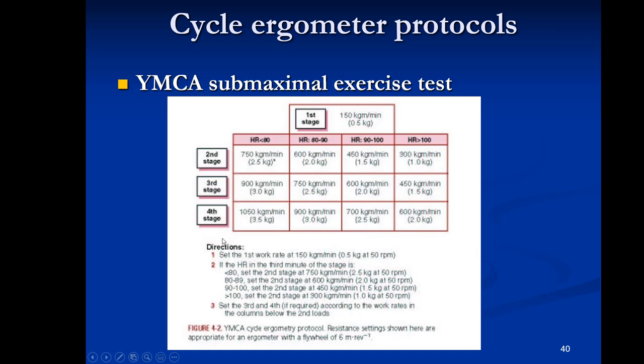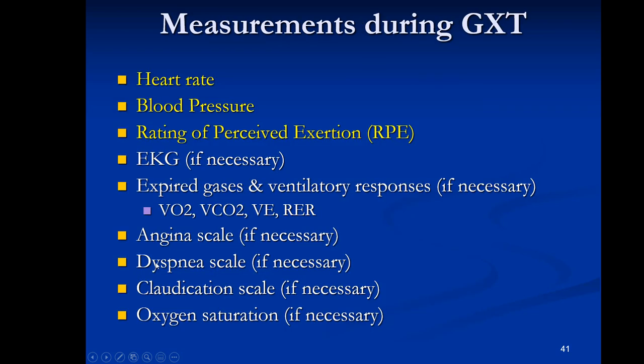So the way this works, everyone starts at 50 RPMs, which is really slow for most people, at 0.5 kg. And then depending on the heart rate at the end of the first stage, they follow one of these columns down for the next 3 stages. And you just measure heart rate and plot it out after and extrapolate to get an estimated max workload.